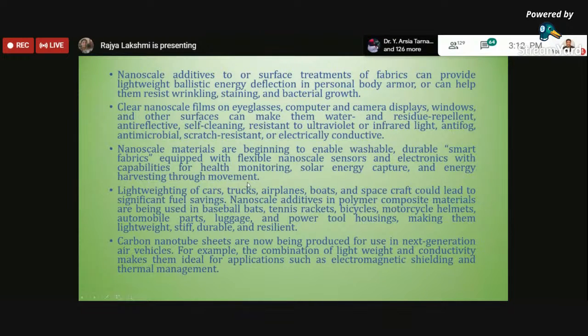Because of these nanoscale sensors, the fabric will give health monitoring, that means the body condition of the person, and it will grab solar energy and harvest it, which we can use for charging our mobile phone also. It is easily washable and also durable. In such a way, nanoscale materials are being incorporated even in the fabric and garment industries.